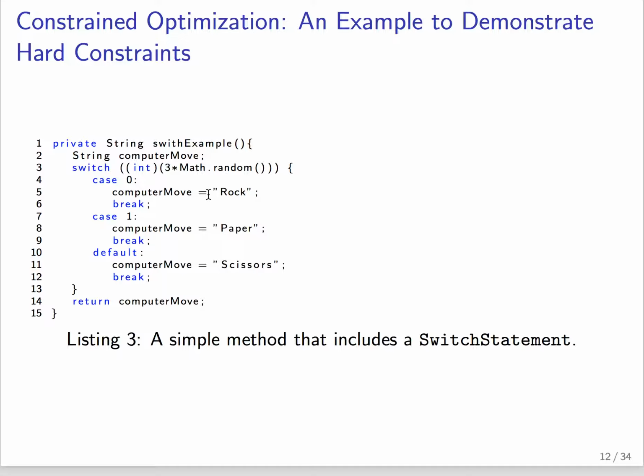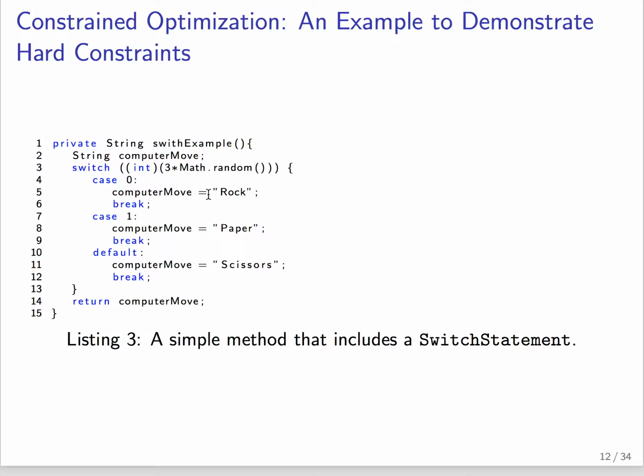All right. Here's the example to illustrate why the hard constraint is important. This is a very simple Java method. It returns a string based on a random number generator. If the random number is 0, it returns rock. Otherwise, if it's 1, it returns paper. Otherwise, it returns scissors.